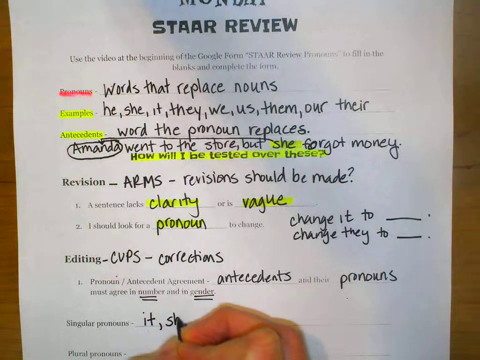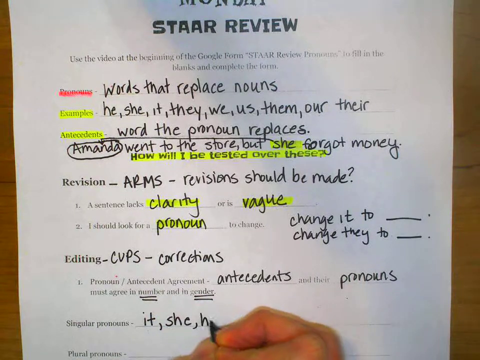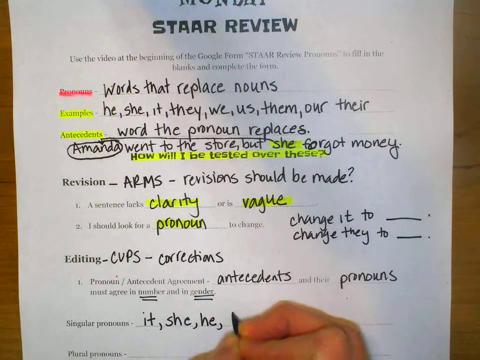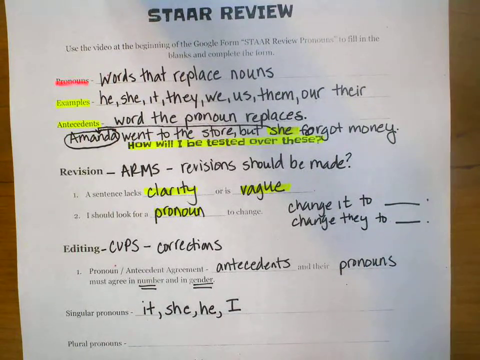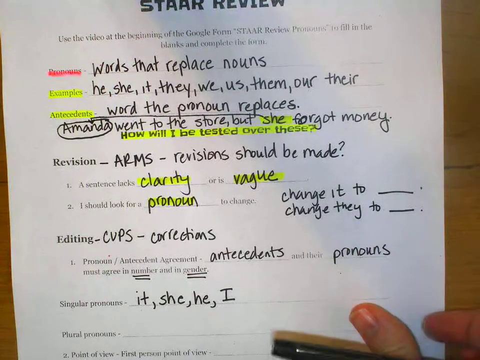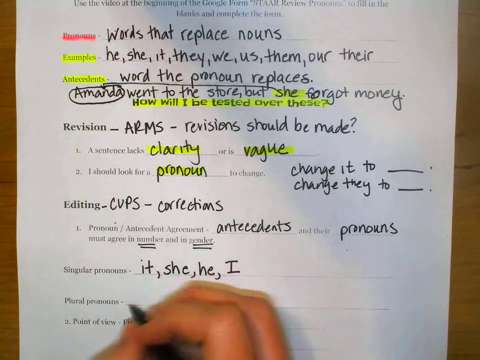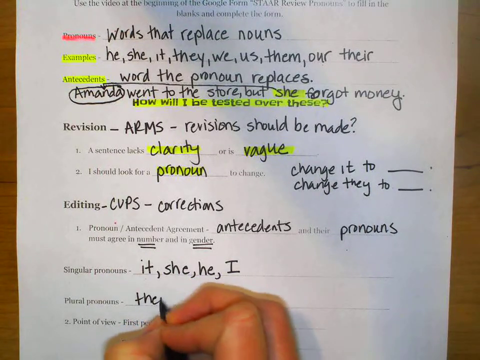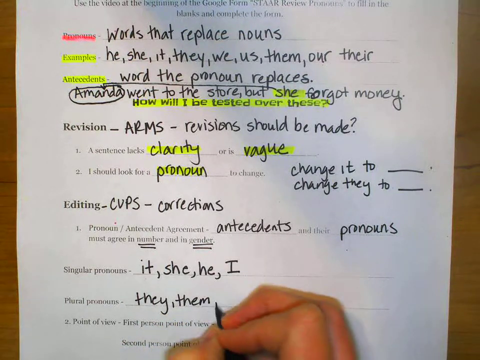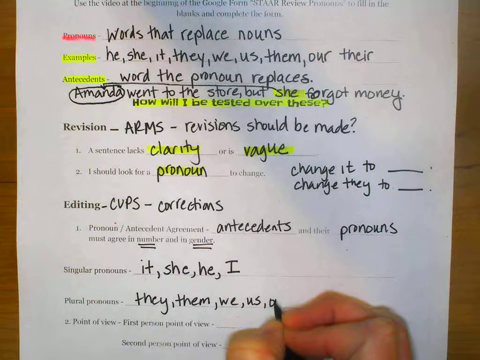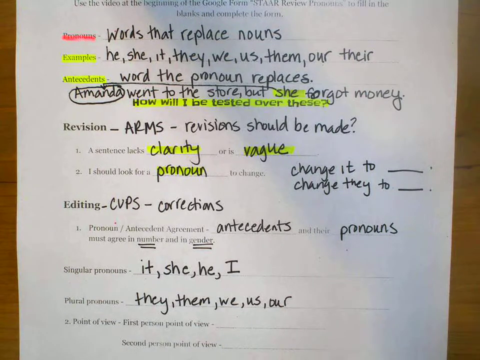It, she, he, I. And now when we're talking about multiple things, we can say they, them, us, our. Okay, those are some common ones.